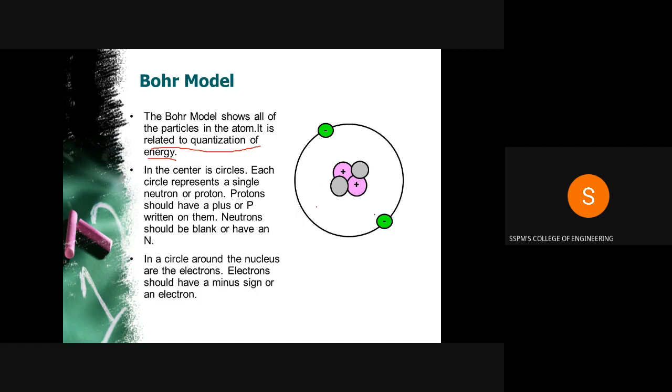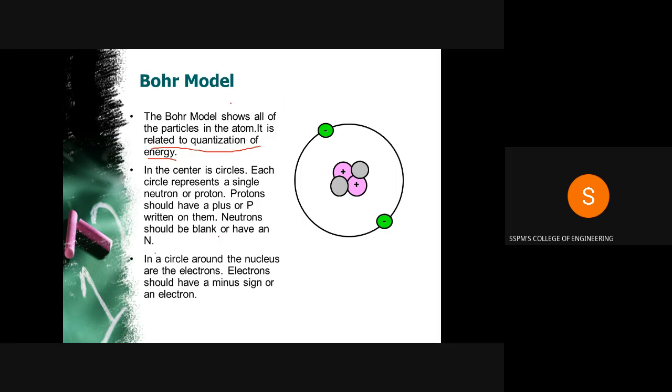This is Bohr's model, in which protons and neutrons are at the center and the electrons revolve around the nucleus. This is related to quantization of energy.